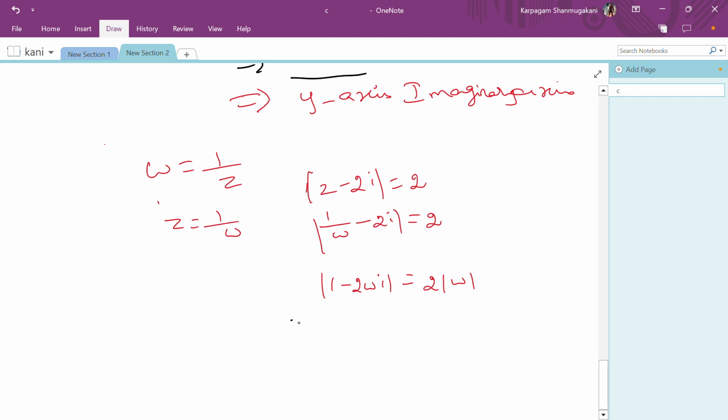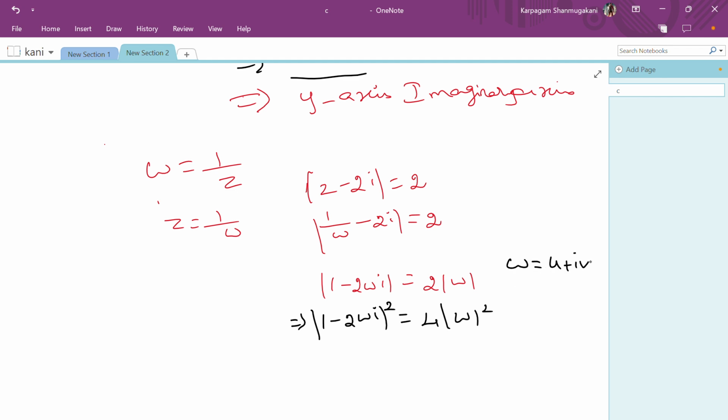Now squaring both sides. Squaring both sides means modulus of 1 minus 2wi whole square equal to 4 times modulus of w square. What is the value for w?